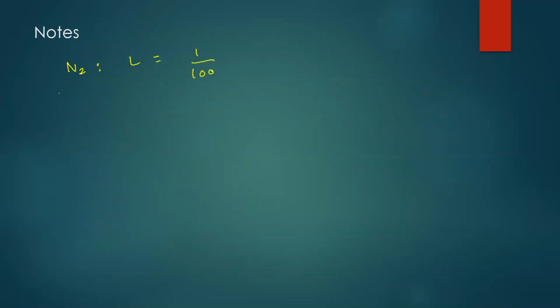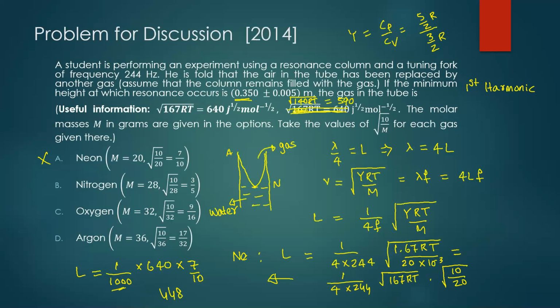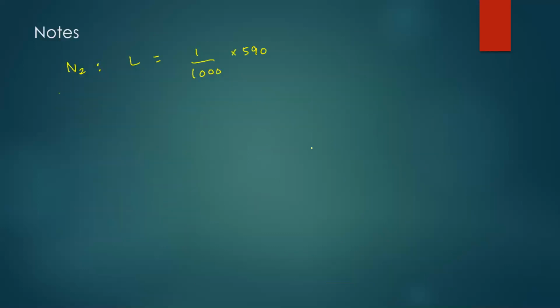That is common anyway. Now instead of the square root of 167 RT, I'll get 140 RT. They have given us that as 590, so I'll just use that. Instead of the square root of 10 by 20, we will get 10 by 28. So the square root of 10 by 28 will be 3 by 5. So we can directly put that 3 by 5.